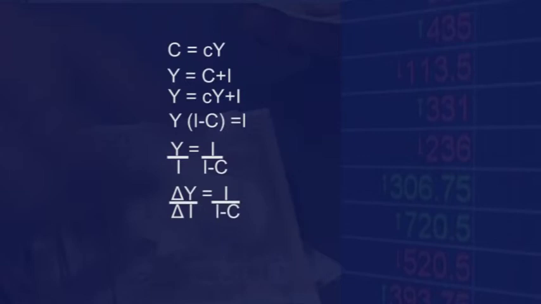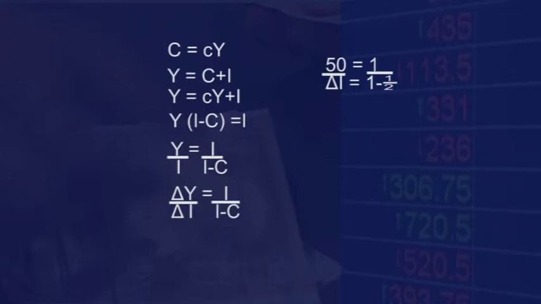So let's take a little simple example with a few numbers now and see what that would mean. Suppose we wish to raise the level of income by 50, then we can say that the change in Y needs to be 50 over the change in I, the extent to which we're going to stimulate the economy, perhaps through investment demand, will have to equal 1 over 1 minus c.